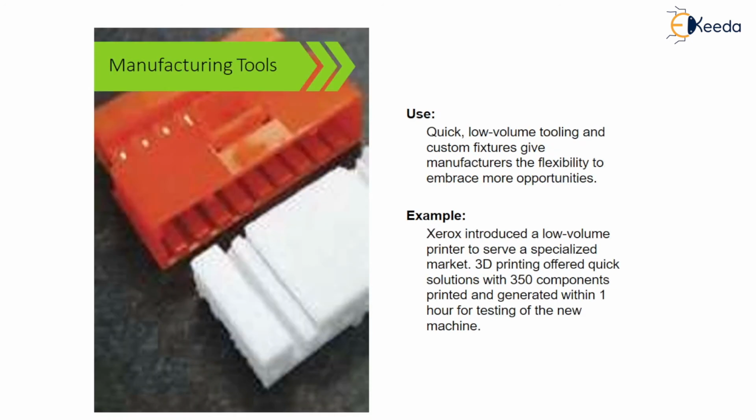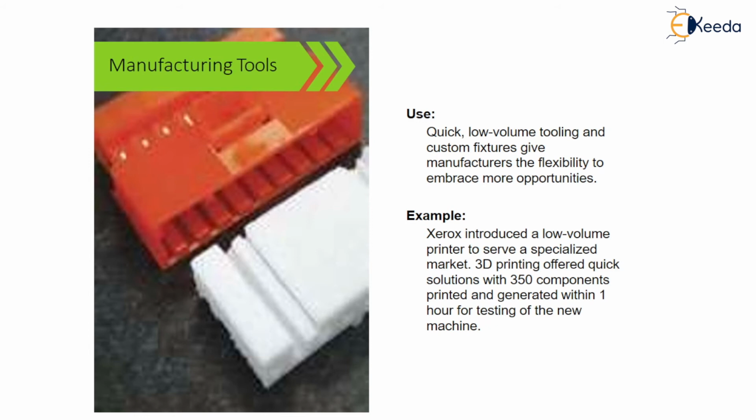Next, manufacturing tools. Quick, low volume tooling and custom fixtures give manufacturers the flexibility to embrace more opportunities. For example, Xerox introduced a low volume printer to serve a specialized market. 3D printing offered a quick solution, with 350 components printed and generated within 1 hour for testing of the new machine, as shown in the figure.